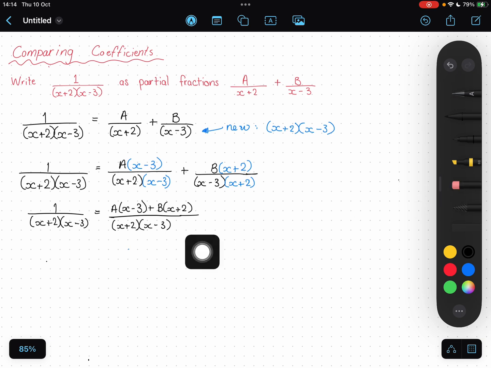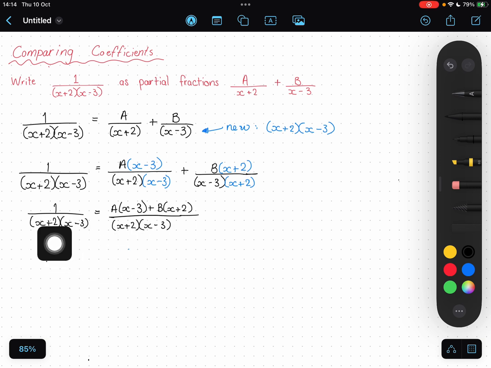Now, a few different things. I've now gotten them in the same form. Same denominators, one big fraction over here, one big fraction over here. So I can compare the top line here with the top line here. Or alternatively, you can think about this in terms of fractions and think, I have a common denominator across the board with an equals here, so I can cancel the denominators.